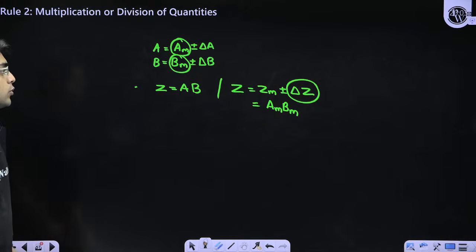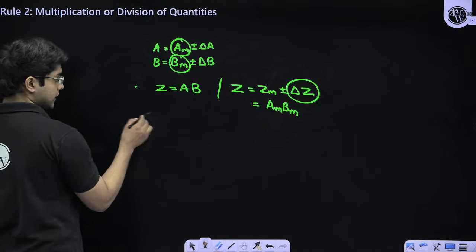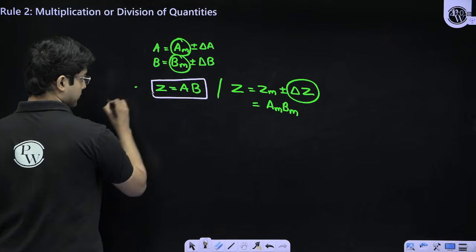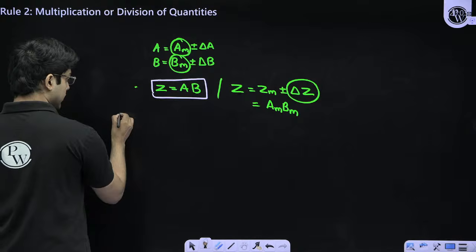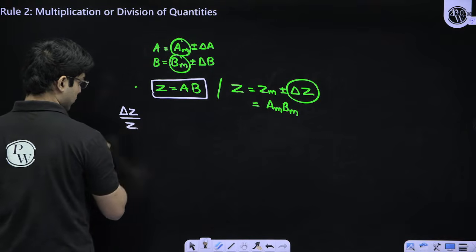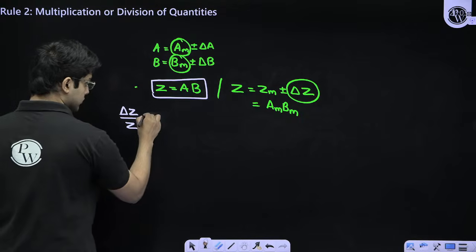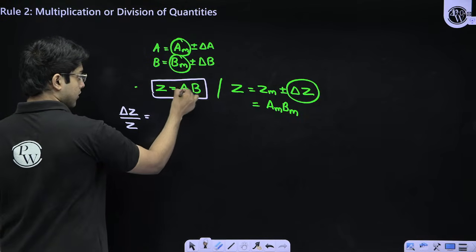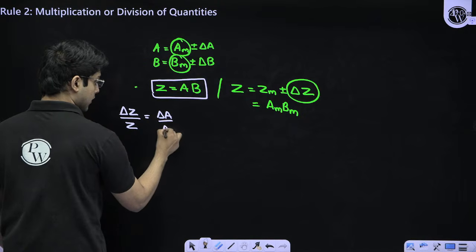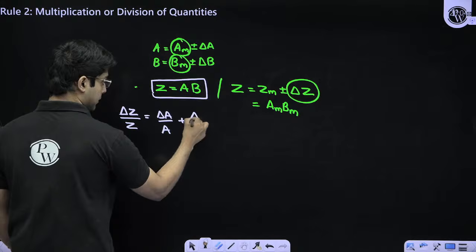So for this, you need to write down their fractional errors. Okay. So if you multiply two quantities, what is the fractional error in Z? Fractional error is absolute error divided by measured value, delta Z by Z. This will be equal to fractional error in A, which is delta A by A, plus delta B by B.